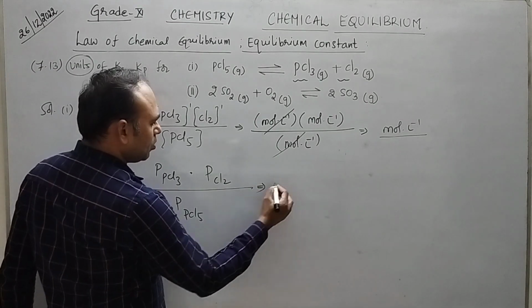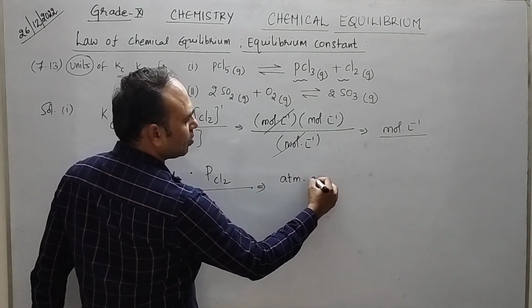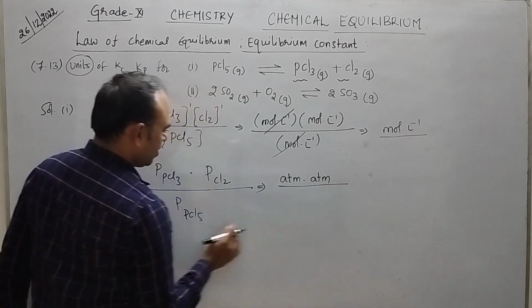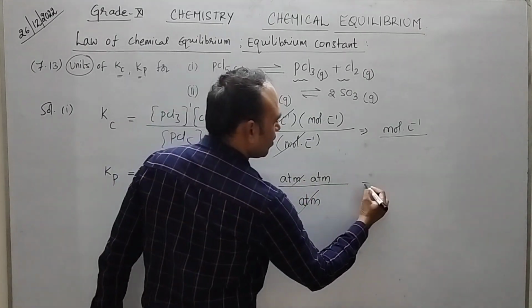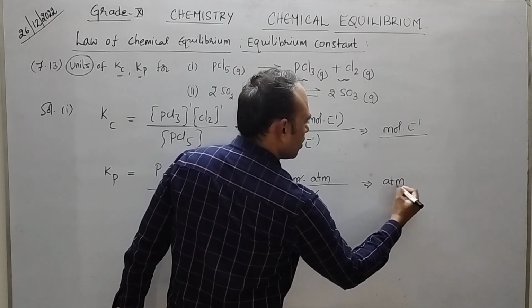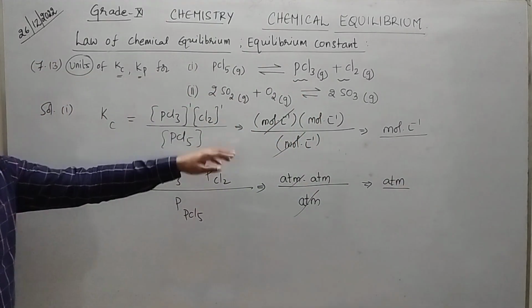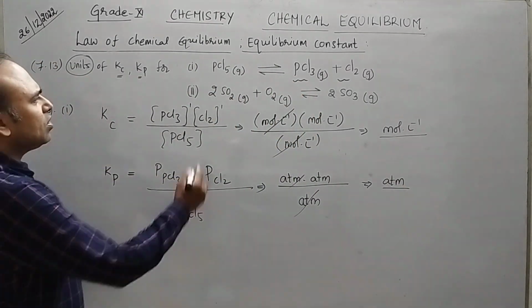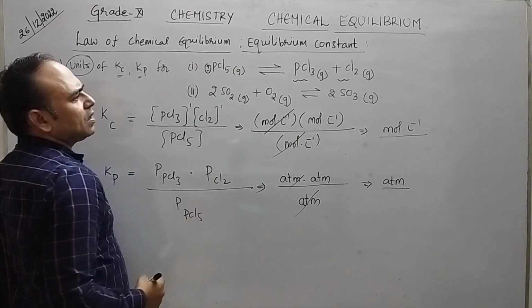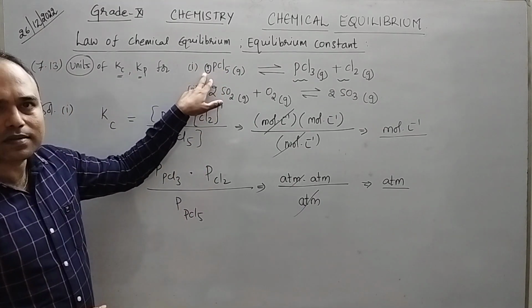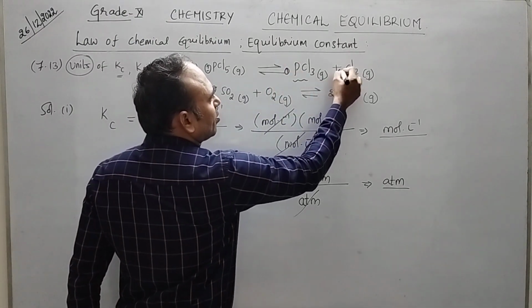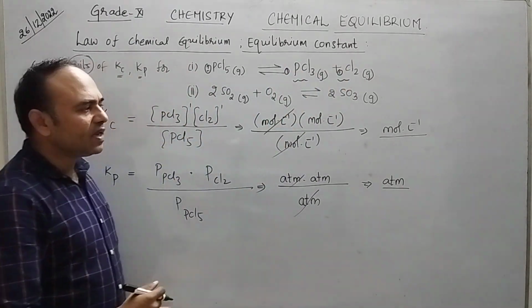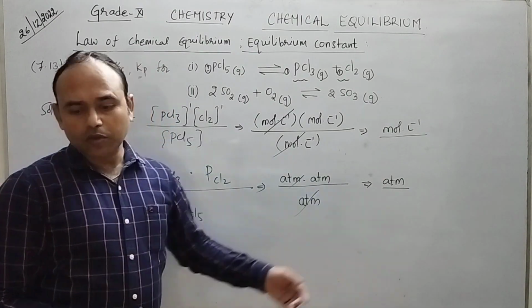If you come to the unit here, atmosphere into atmosphere divided by 1, nothing but atmosphere. Cancel this, therefore the unit for this particular equation is atmosphere. See, again you know this, the coefficient of reactants is 1, and here the sum of the coefficients is 2, which is not equal, hence you got some unit.